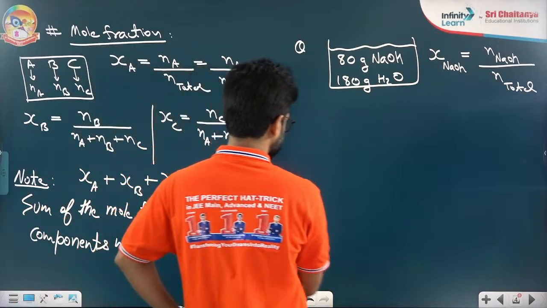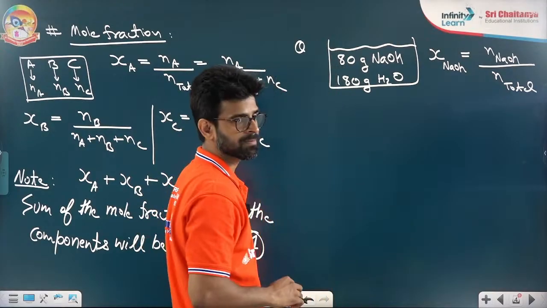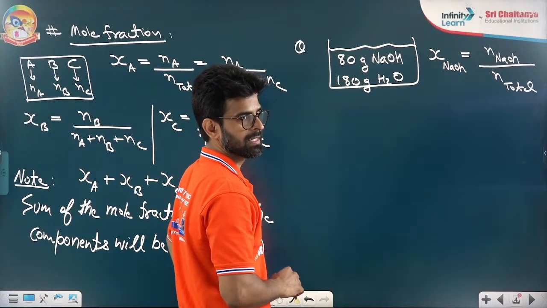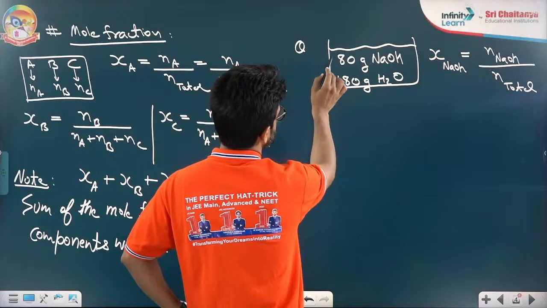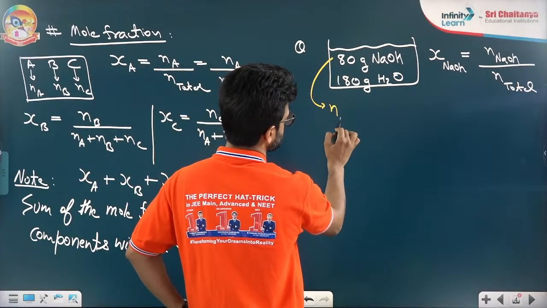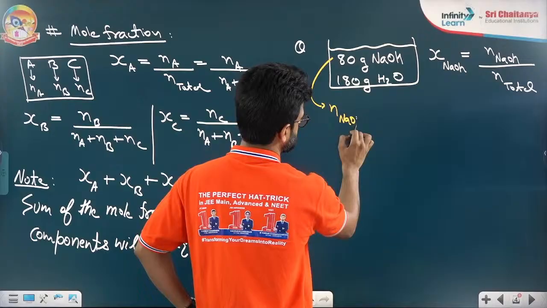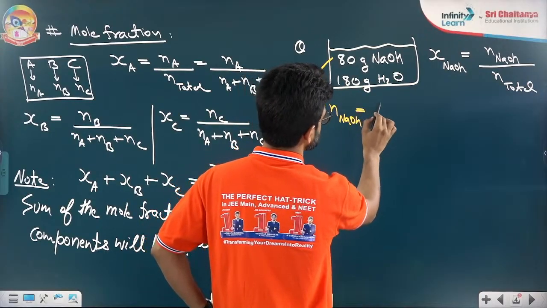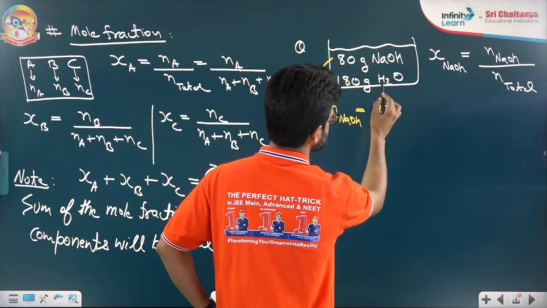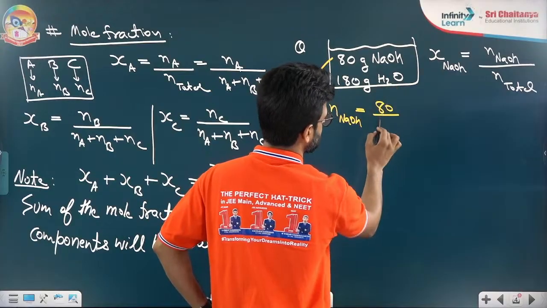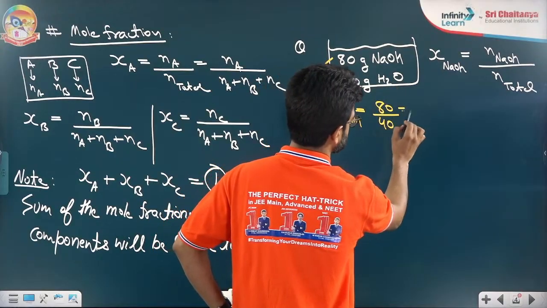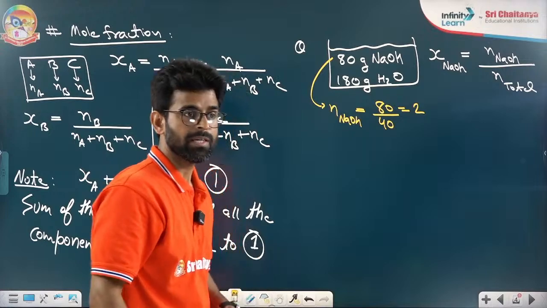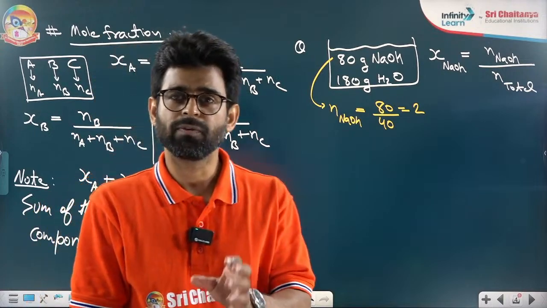Chaitanya saying 0.16. Okay, let us see. Yamini saying 0.16. Okay, beta. Let us find how many moles of NaOH are present here. 80 gram is the given weight, divided by what is the molar weight, beta? Molar weight is 40. So yes, we have 2 moles of NaOH.